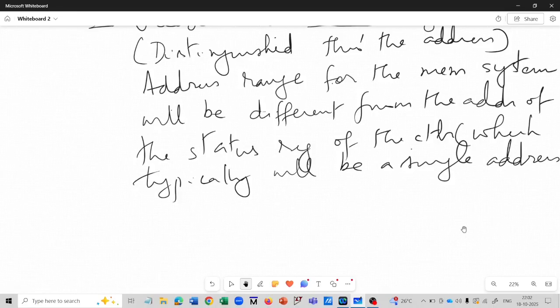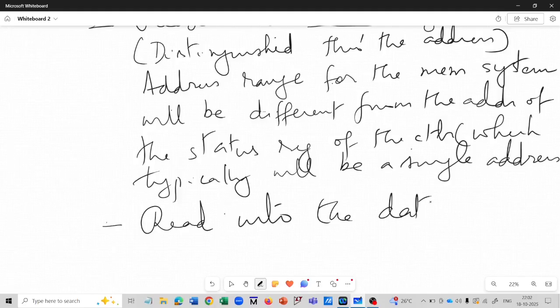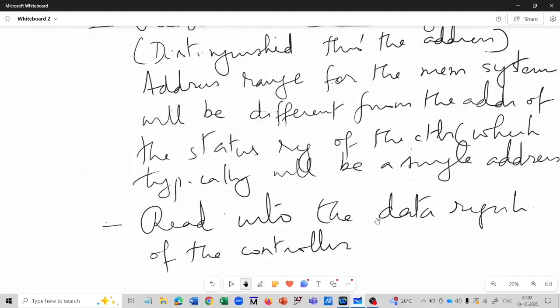So we are still not done. There could be a third read. So apart from the read into the memory system and the read into the status register, there could be a third read. What is this read all about? It could be a read into the data register of the controller. So why does the processor want to read the data register of the controller?